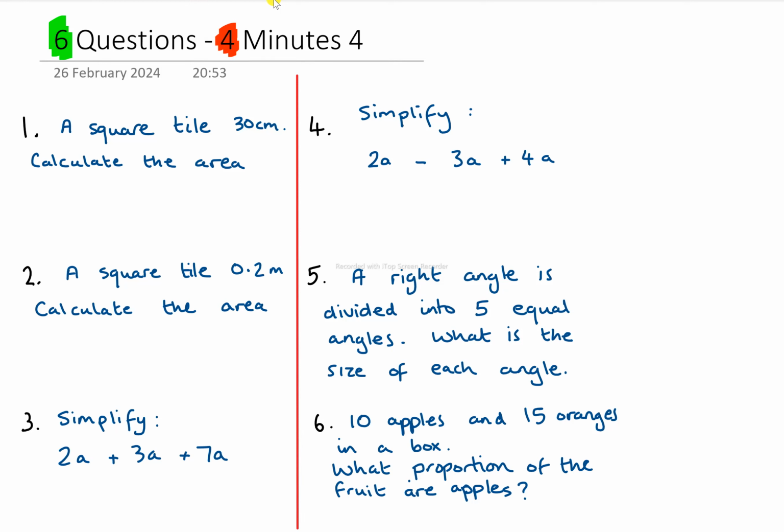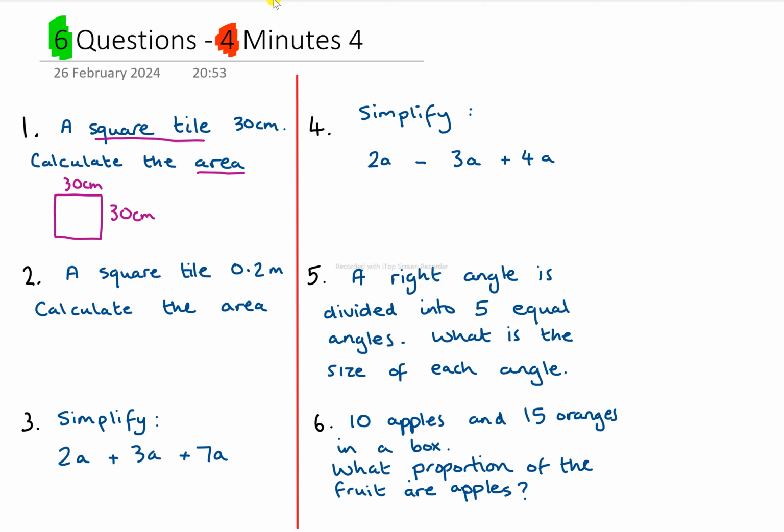Right, we've got a square tile. So in my head, I think of a square of length 30 centimeters. So I know that this is 30 centimeters. Right, and they're asking for the area.